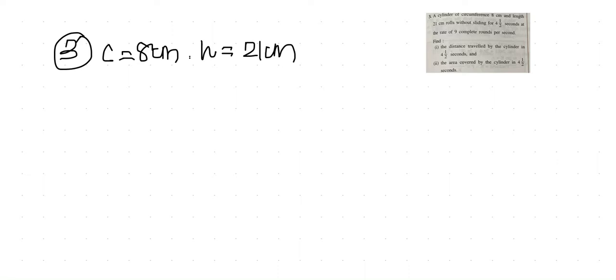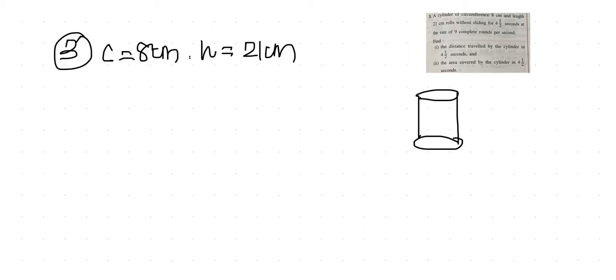Okay. Now before solving, I just want to explain the question to you. So there is the cylinder of this much circumference. Suppose this is the cylinder, and now what is happening is it rolls without sliding for 4.5 seconds at the rate of 9 complete rounds per second. So what is happening? It is rotating 9 times in 1 second.